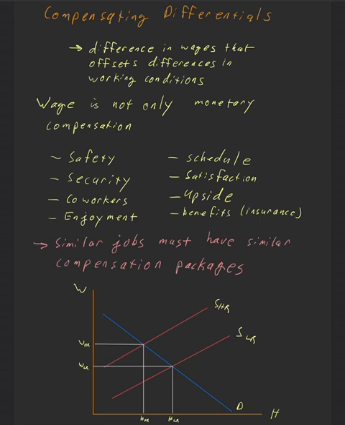So we have two sets of individuals or households that are potentially supplying these jobs. In this situation, you're going to end up with two very different outcomes. So I'm just saying this job is not very risky, this job is very risky, and suppose the demand curve for them were the same.